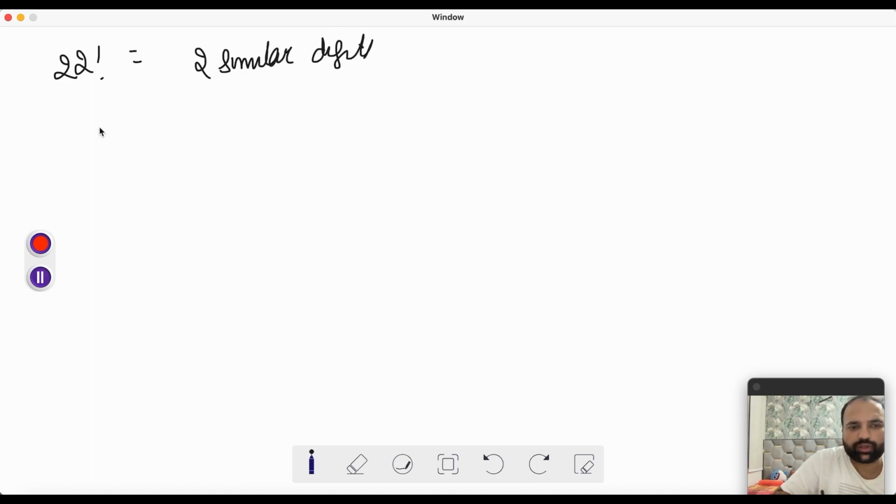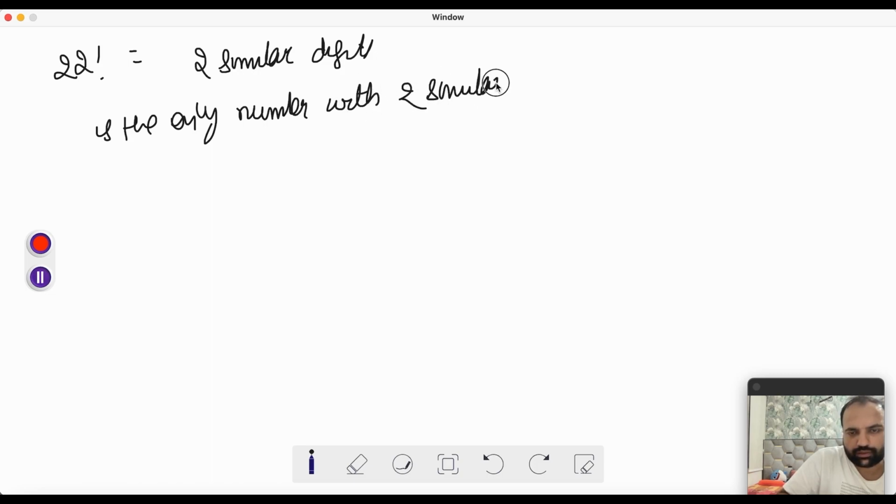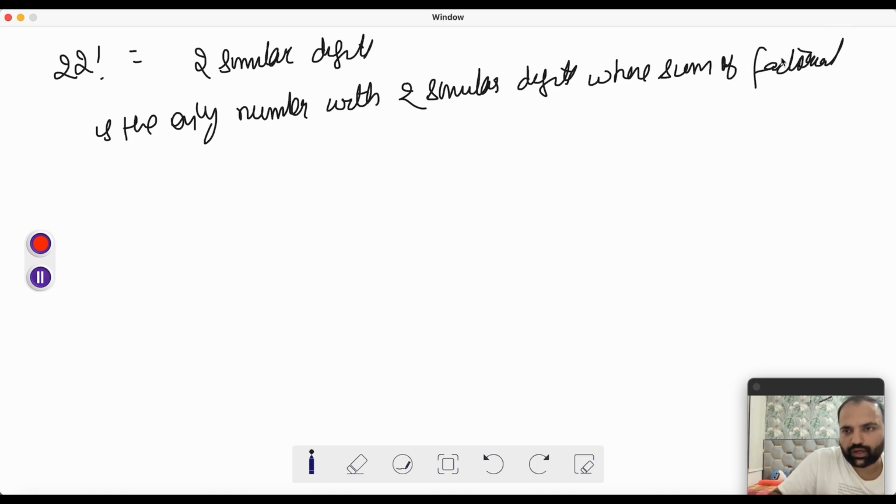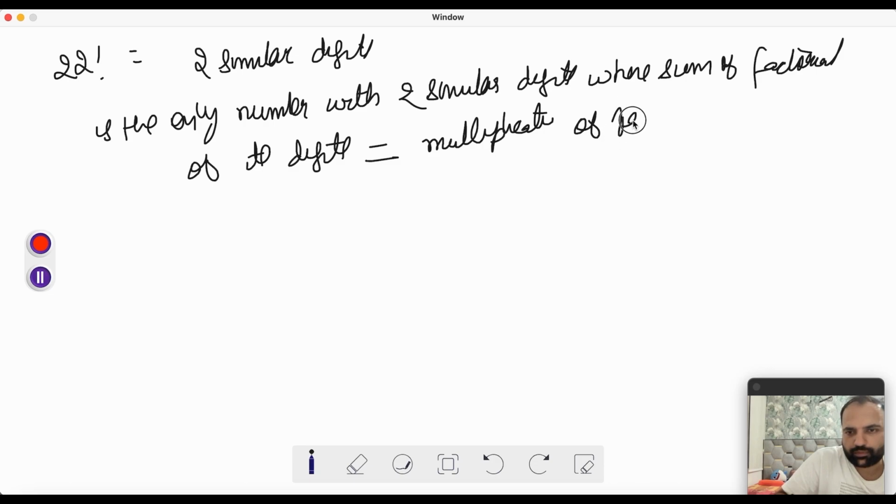So 22 is the only number with two similar digits where the sum of factorials of its digits is equal to the multiplication of the factorials of its digits.